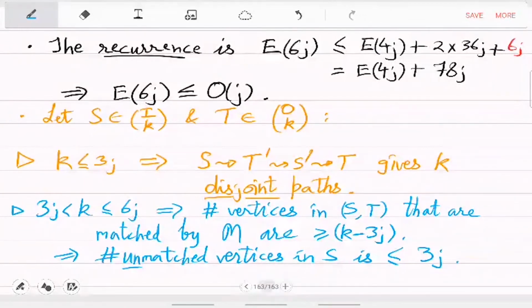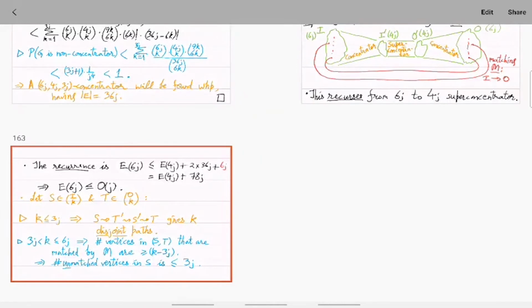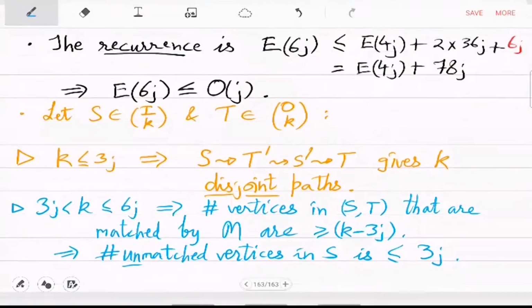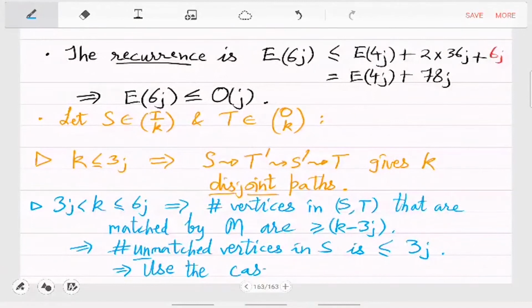So there are actually only a maximum of 3j vertices that we have to take care of because they are unmatched. So you cannot use the red edge, but 3j is fine. So now you use the concentrator. So for them you can use the case k less than or equal to 3j.